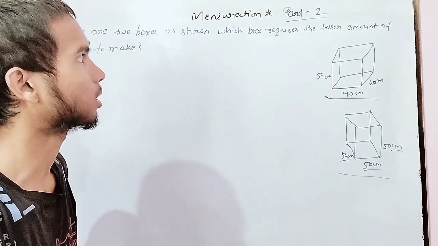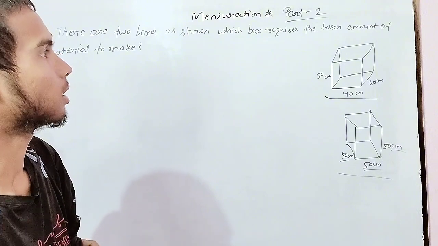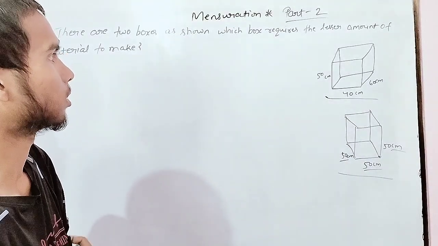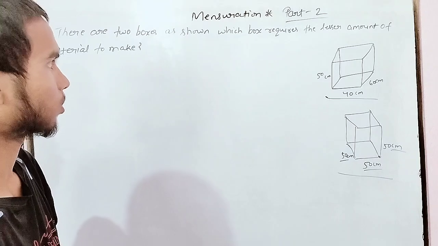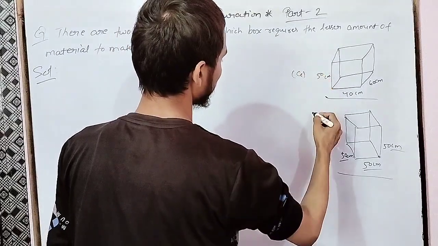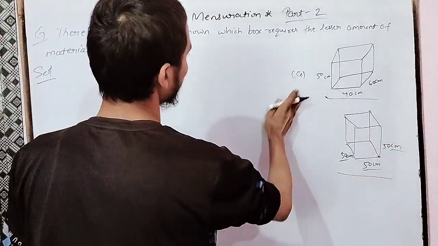Which box will take the lesser amount to cover? First, let's see this is the first, this is second, cuboid.